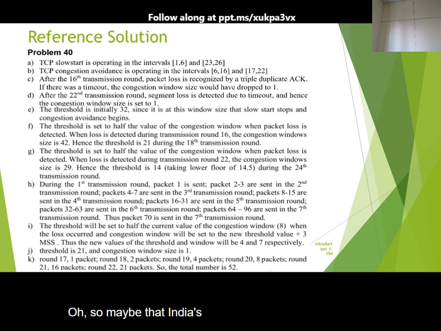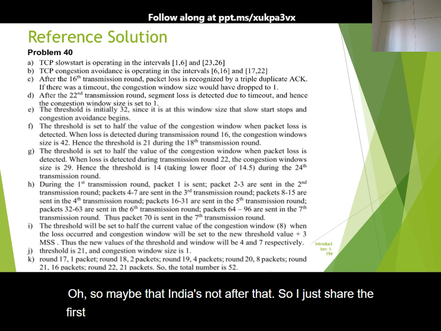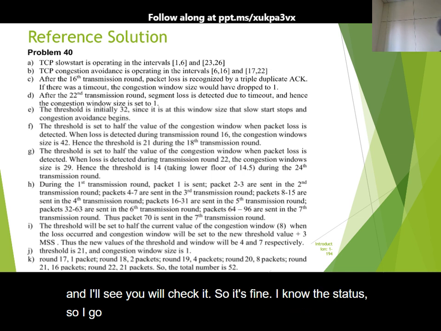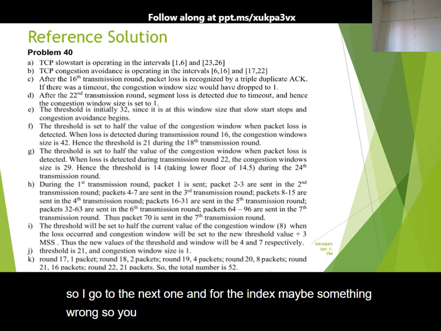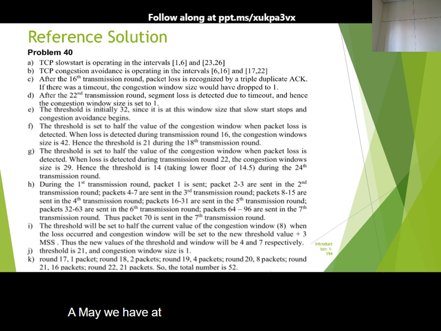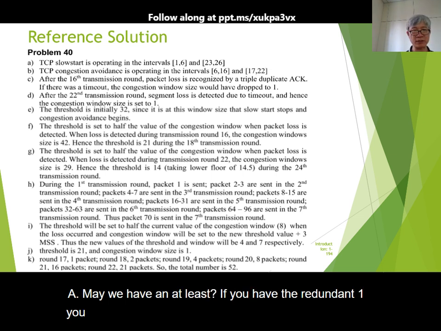So I just checked the first 7 subproblems, and you can check the remaining. And the other thing you will check is this time I know the status, so I go to the next one. And for the index, maybe something is wrong, so you can correct it. Or maybe at least if you have a redundant one, you can remove it, but I don't think so.